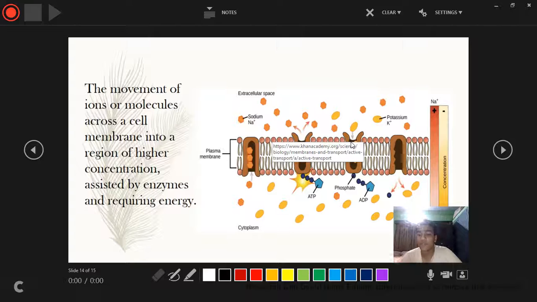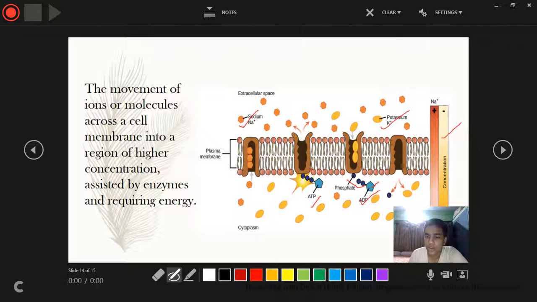So this is active transport. You can see the sodium Na plus, sodium ion, potassium ion, concentrations here, the levels are given. See ADP, adenosine diphosphate, and this is ATP, adenosine triphosphate. ADP combines with one more phosphate. Adenosine, a pentagon structure, a pentose sugar, and these are the two phosphate ions.